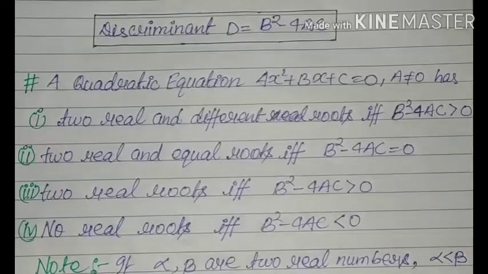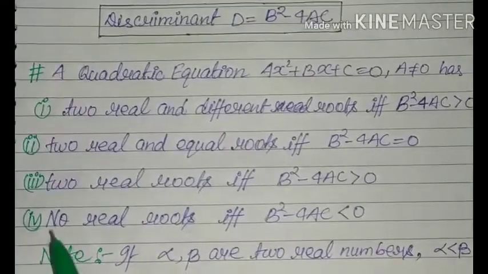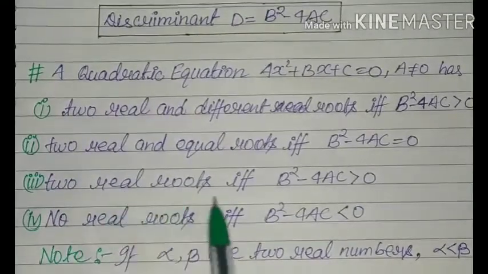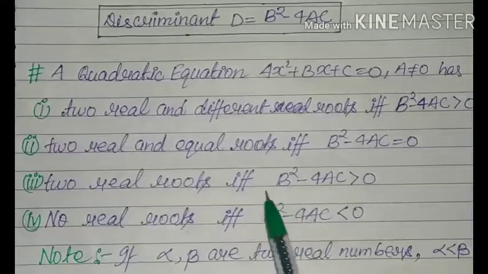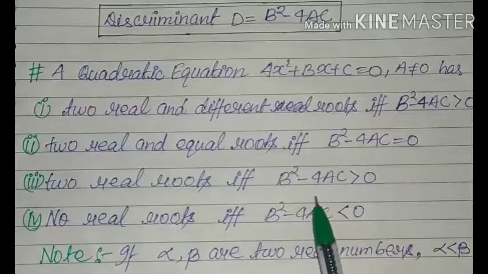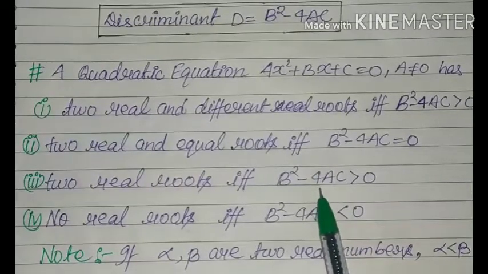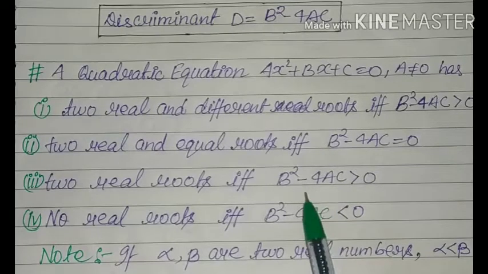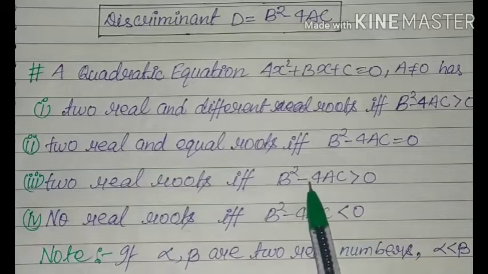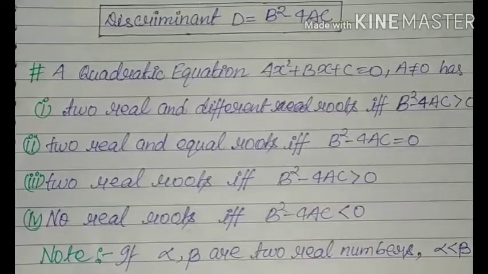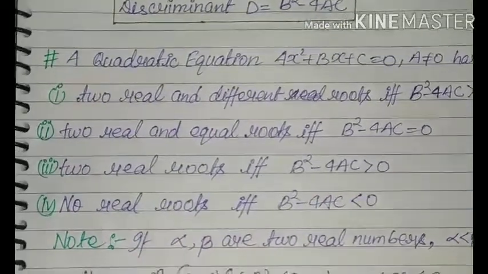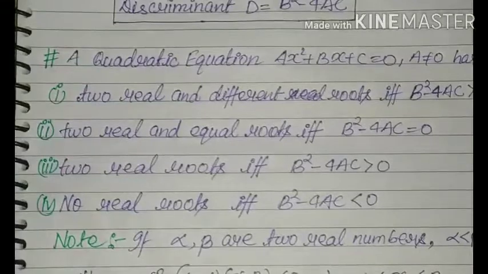Okay, and the third one is two real roots if and only if b square minus 4ac is greater than 0. This condition says if the discriminant of any given quadratic equation is positive, then that quadratic equation has two real roots. Okay, and the next one is no real roots if and only if b square minus 4ac is less than 0.